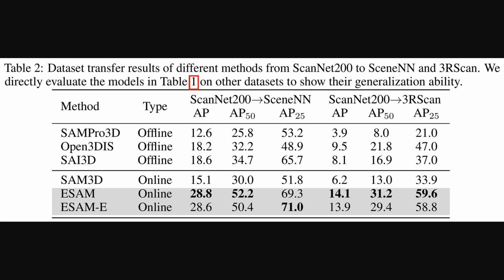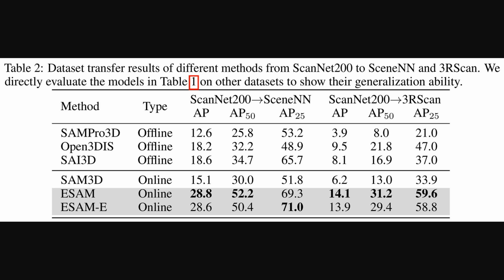Alright, so after understanding that efficient merging, this table, Table 2, highlights the system's generalization, how well it performs in new environments. It details, quote, dataset transfer results, taking models trained on ScanNet 200 and testing them on SceneNN and 3RScan. We see scores like the overall average precision and also AP50.